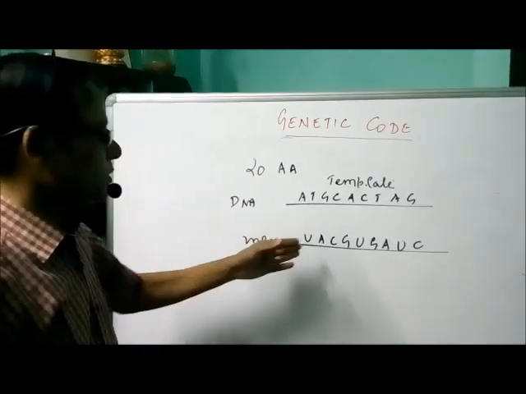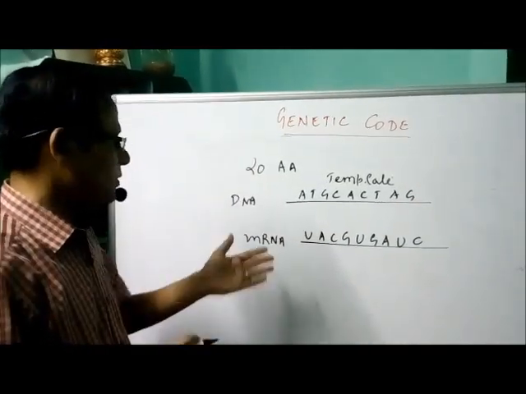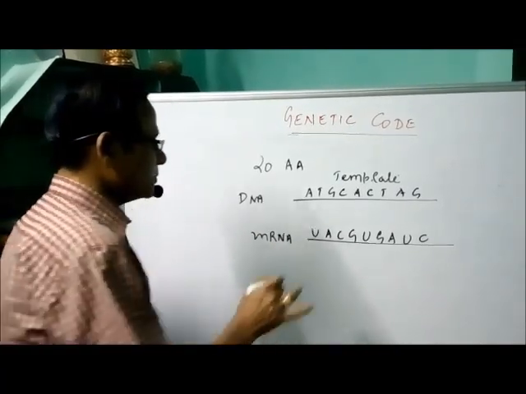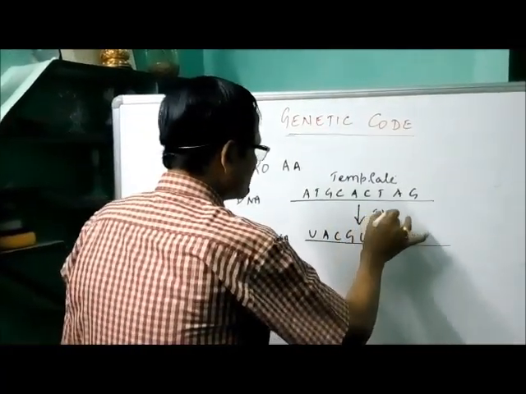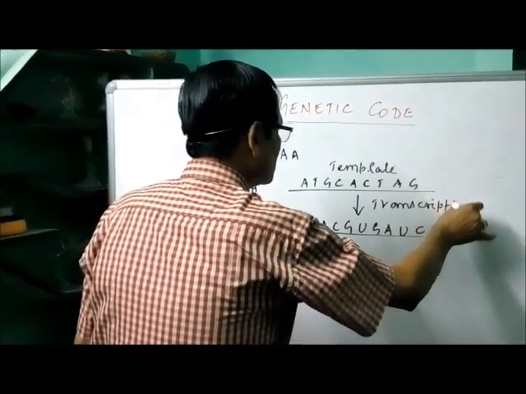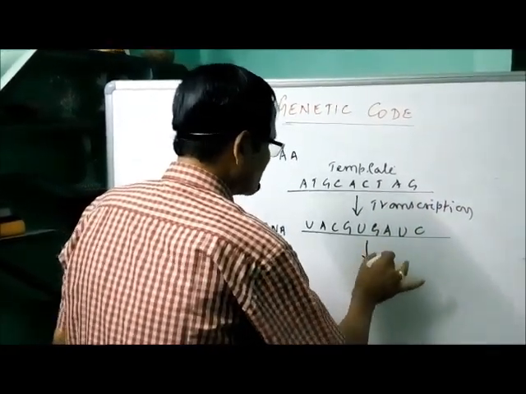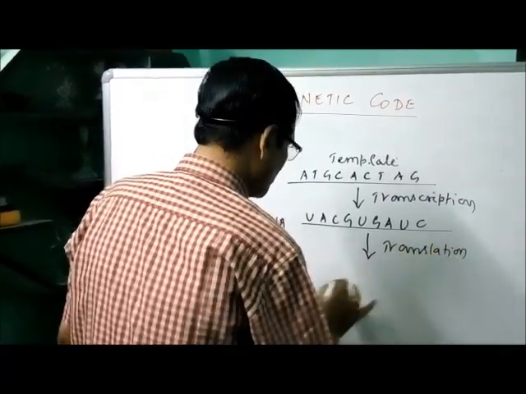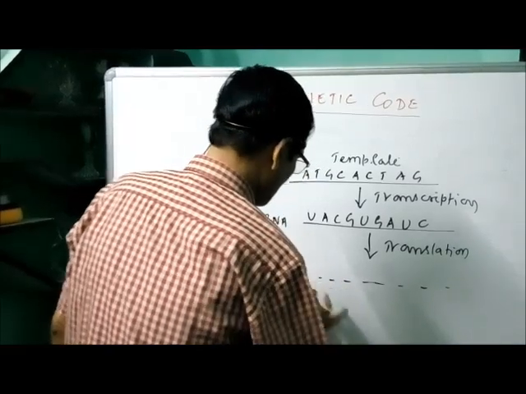So this is the base sequence in mRNA. They represent the codons. This is the transcription process, the message is transcribed. Then it undergoes a process of translation to form a protein.